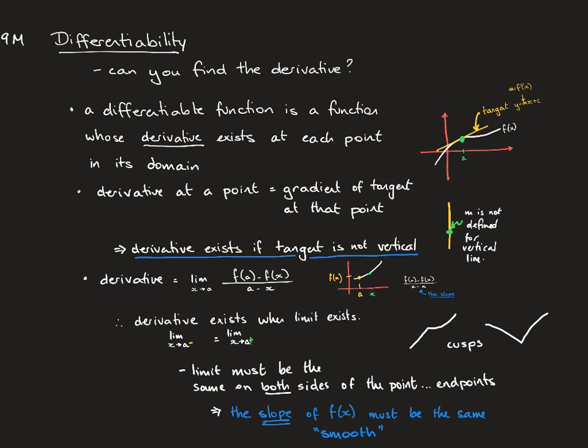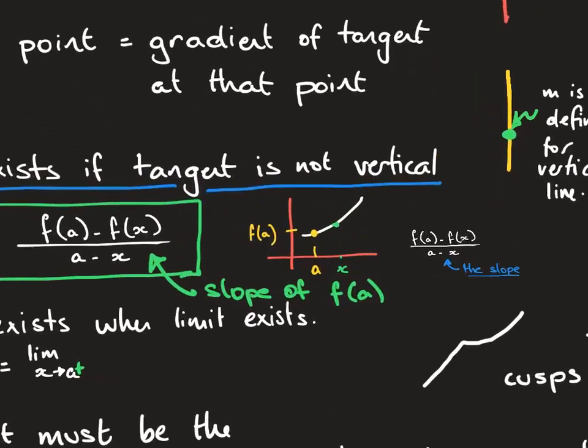The other definition of a derivative that we have is that the derivative is the limit of the gradient of that line. So this is the slope formula for that function for f of a. Let me just zoom in a little bit here.